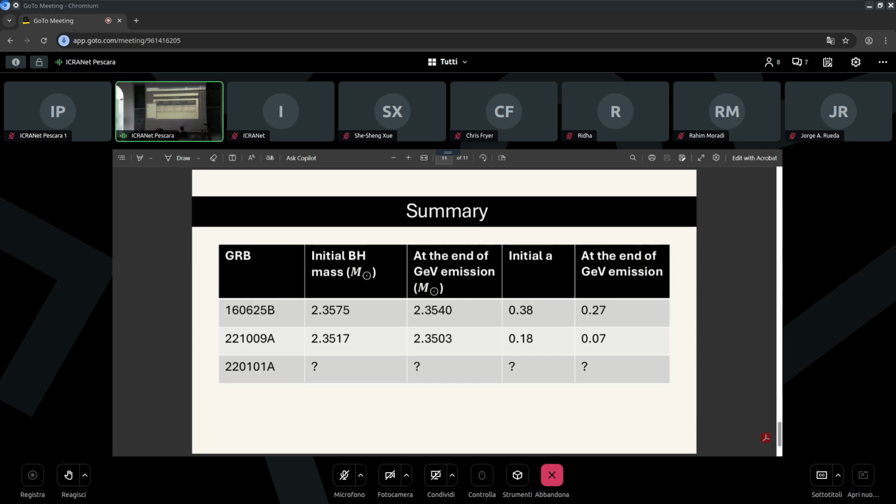Efficiently, exactly. And it's the first time that we show that a system which is spinning up automatically leads to a jet. This is totally new.